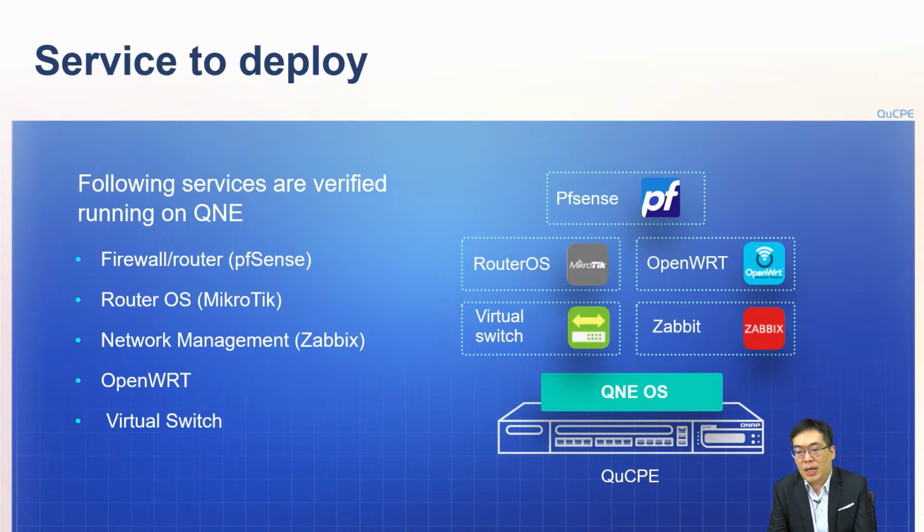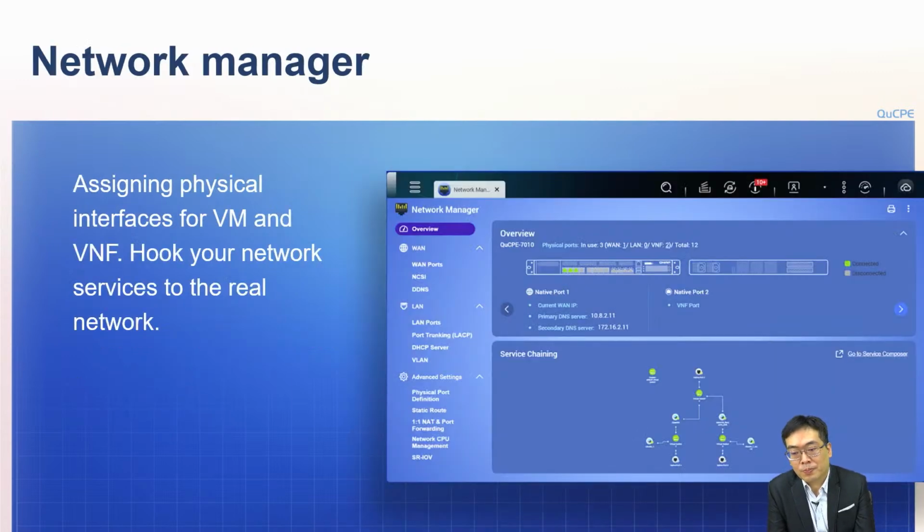We are actually able to run all different kinds of VNF from all different third-party vendors. And also, resource management and allocation is not only about the CPU. We also have to think about resource allocation for the networking devices, not only the physical interface.